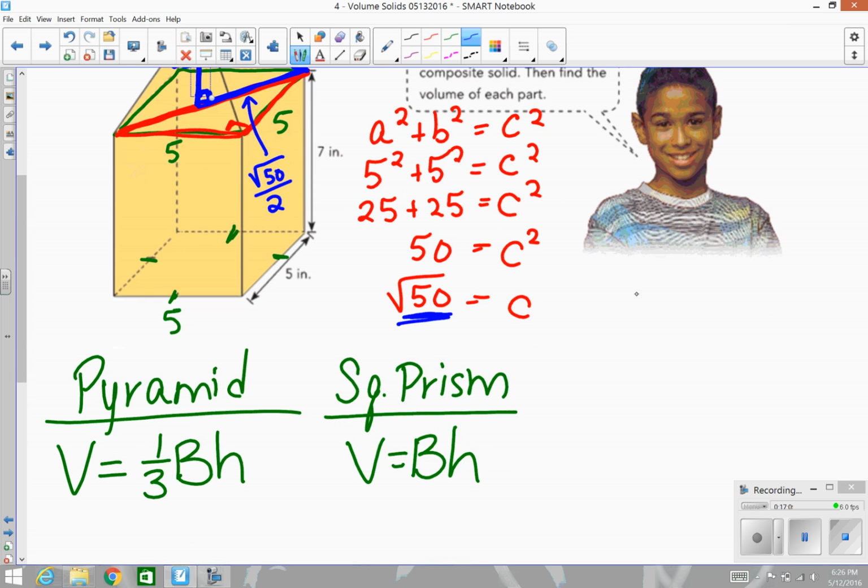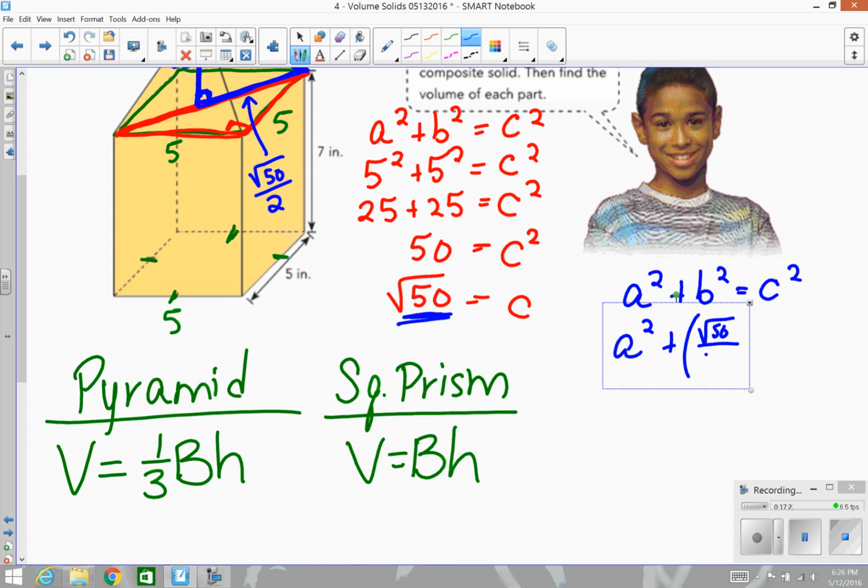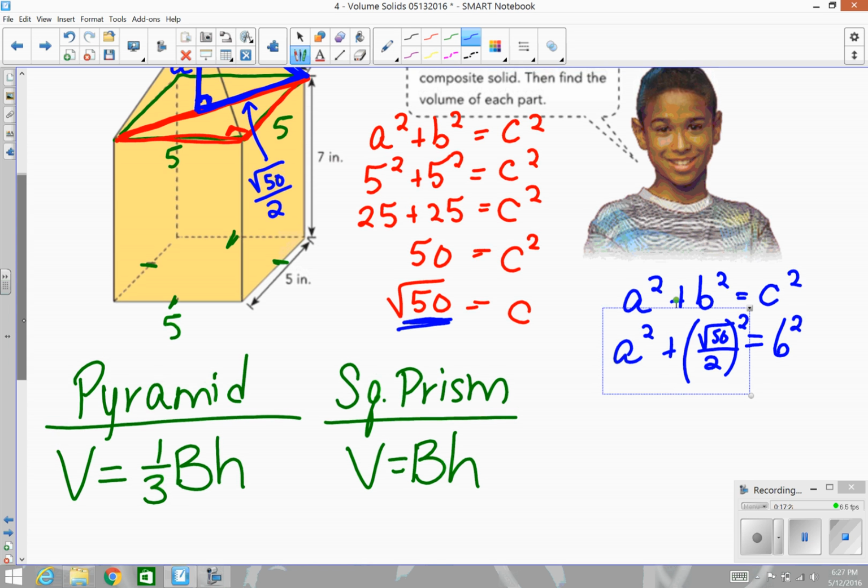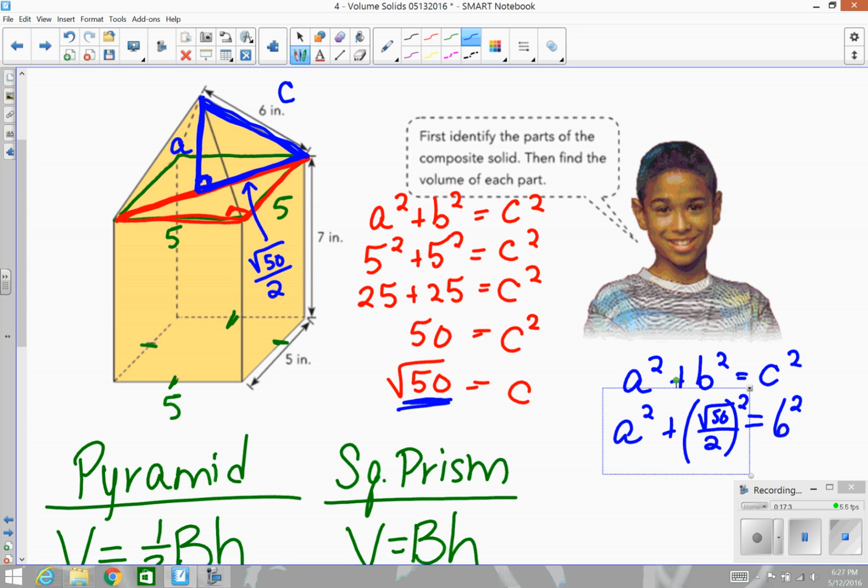So once more, a squared plus b squared equals c squared. We're looking for that a squared, that height. Plus, we have the square root of 50 divided by 2, squared, equals 6 squared. This is your b, this is your c.